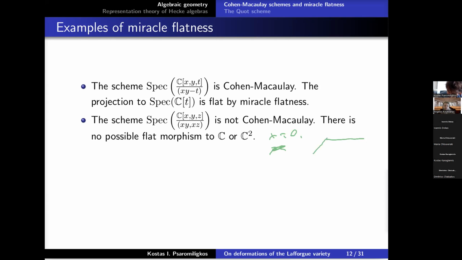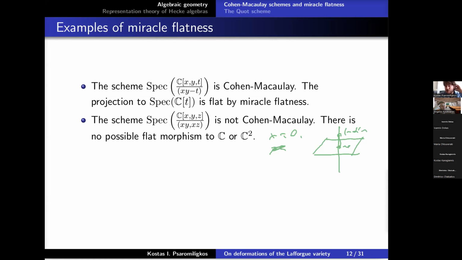So we get the union of an affine plane with a line intersecting. This is not Cohen-Macaulay. Why? This is a really bad singularity. It's not locally equidimensional. If you move in one direction, you have a two-dimensional thing; if you move in the other direction, you have a one-dimensional thing. So in particular, you could not get a flat morphism to the line or the plane.